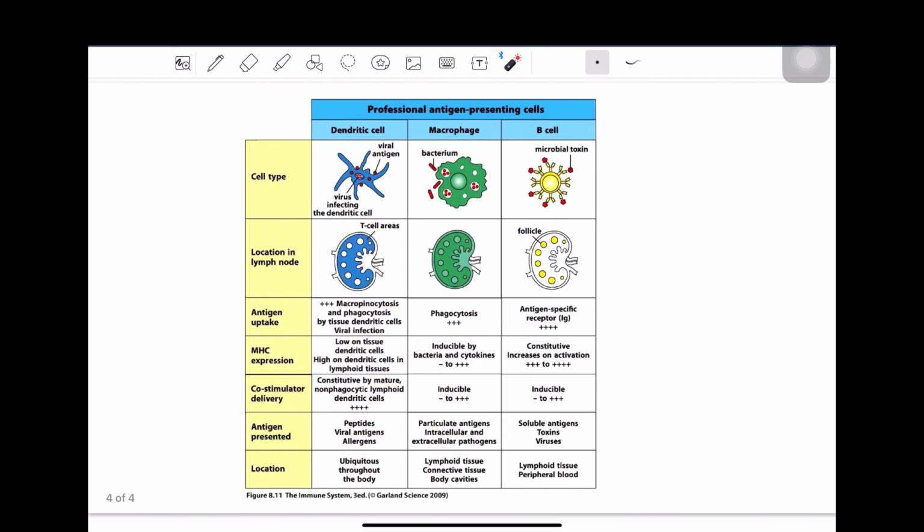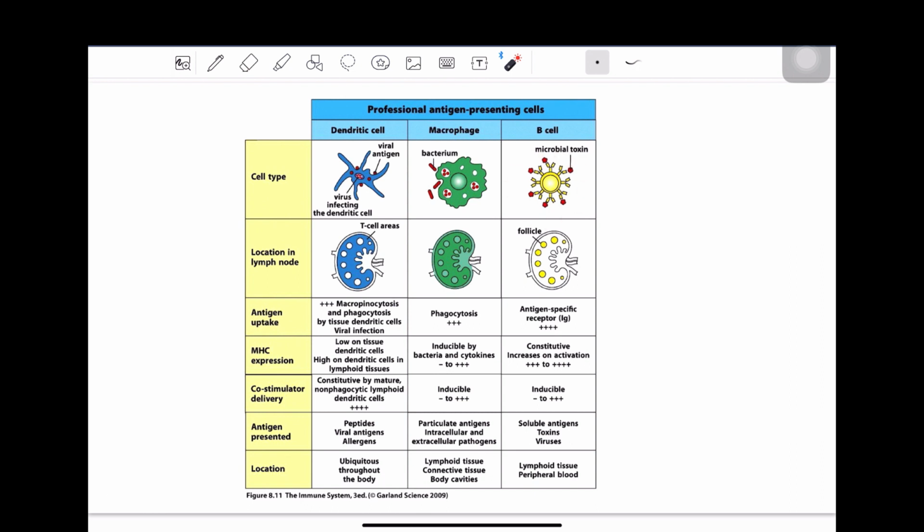Now we will mainly focus on the professional antigen presenting cells like the dendritic cell, the macrophage, and the B cells. So here you can see these are the cell types. For example, there is a viral antigen which has infected the dendritic cell. The macrophage can phagocytose the bacteria, and the B cells can recognize any toxin product with the help of their BCRs.